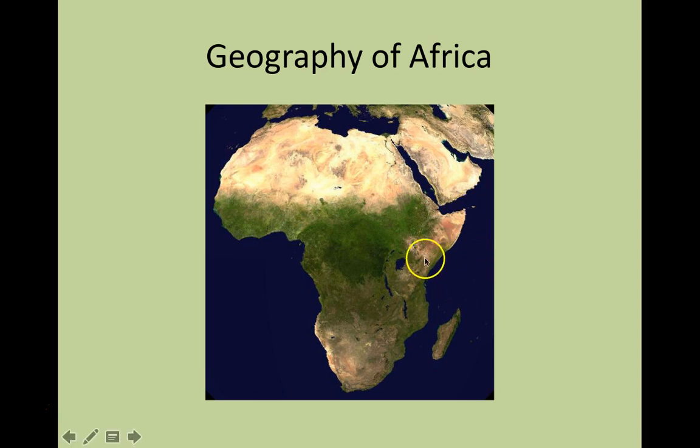There are lots of nomads, especially down here, east of the Great Lakes region and down into this region on the outskirts of the Kalahari Desert, west of the Drakensberg Mountains, into the Cape region of South Africa, as well as in the areas to the north and east of the Kalahari Desert.